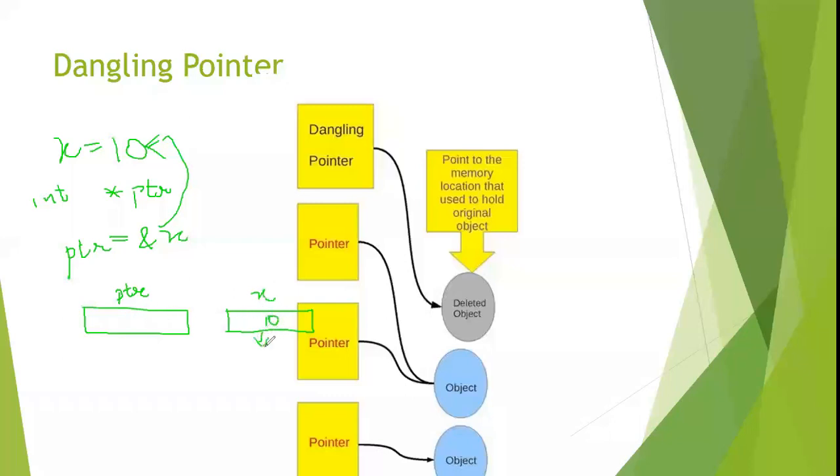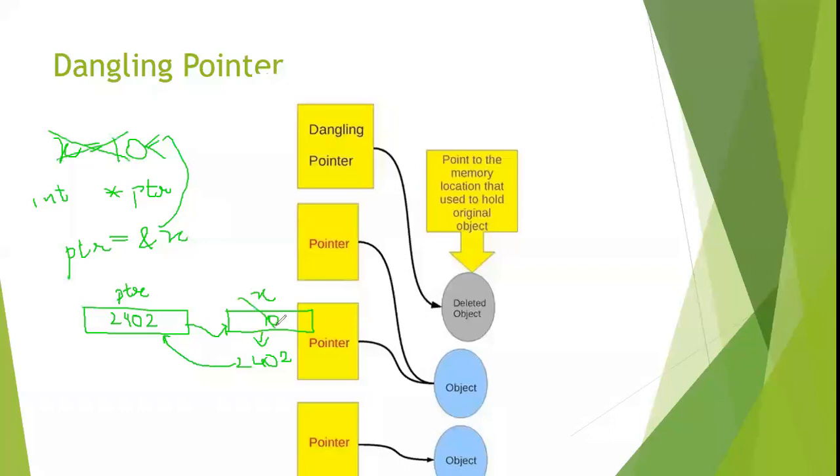Let's suppose it is stored at memory location 2402. Now, if my pointer is pointing to x, what will it store? It will store the address value, that is 2402.